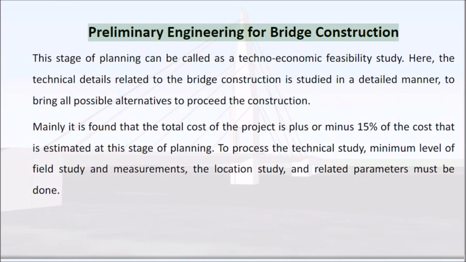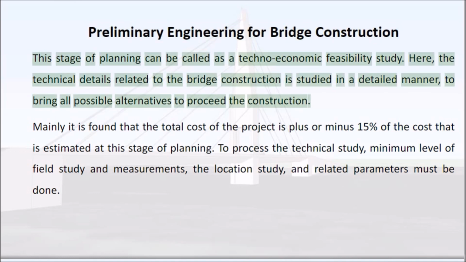Preliminary engineering for bridge construction. This stage of planning can be called a techno-economic feasibility study. Here, the technical details related to the bridge construction are studied in a detailed manner, to bring out all possible alternatives to proceed with the construction.